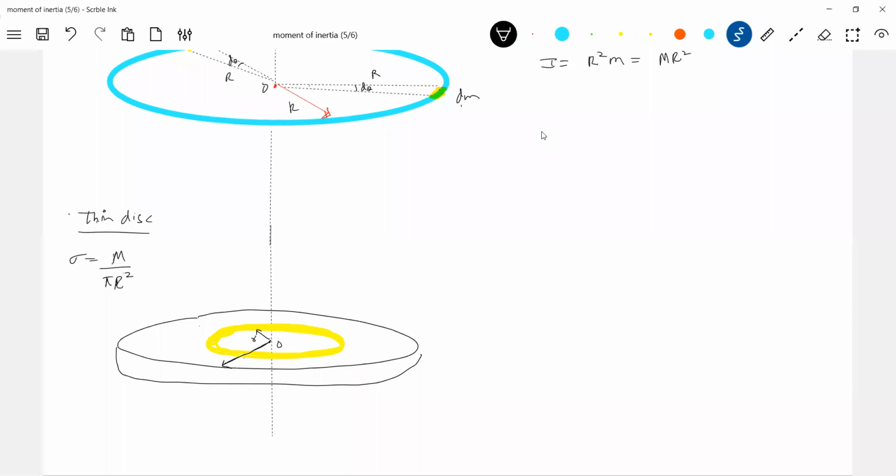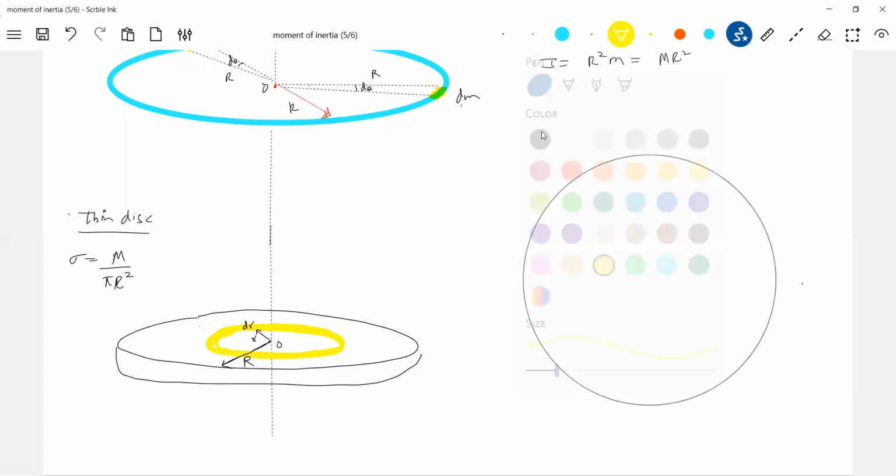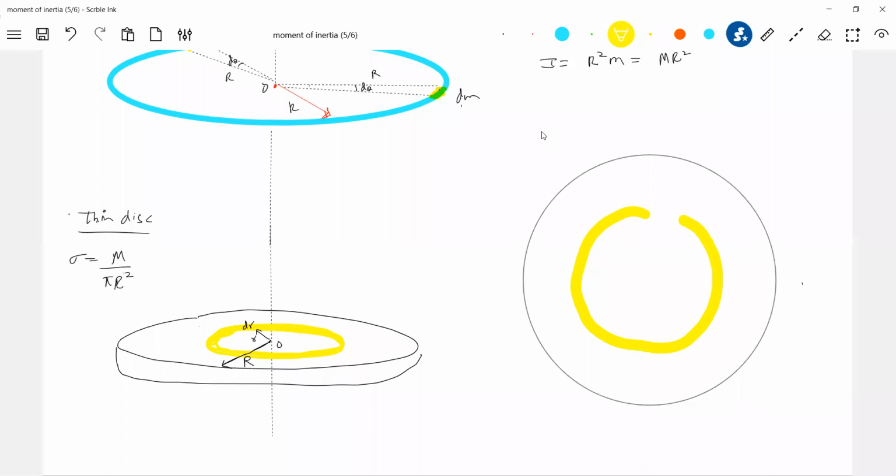Let the radius of the ring be r. Thin ring, I'm assuming it. Then what is the width of this? It will be dr. There's a plane diagram, there's a 3D diagram. The plane diagram will appear like this. The thin disk will be this one. This is r, this is the width dr, and this is the radius, capital R.